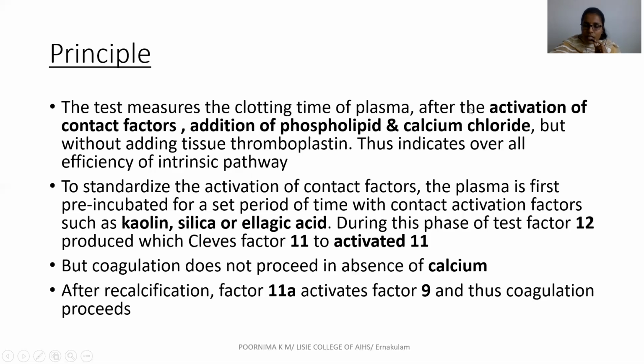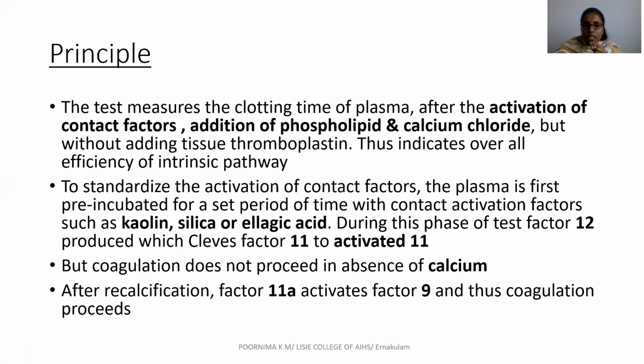Okay. First, we are adding the contact activation factors because the reaction is not carried out within the body. Here we are doing an in vitro test. Suppose a cut or wound happens, contact activation factors, that is platelets, initiate the intrinsic pathway, right? So there is no need of external contact activation factors.